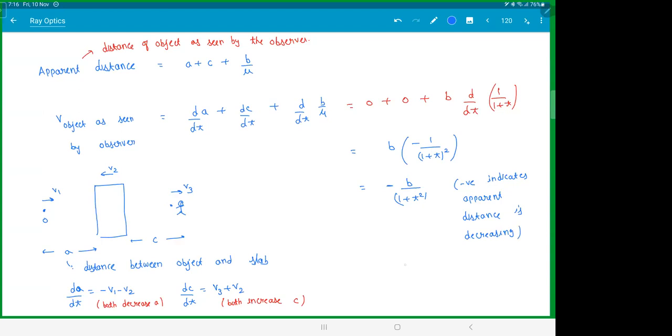So therefore the velocity is actually going right side. So b by 1 plus t whole square i cap. That's your answer, everyone. Check.